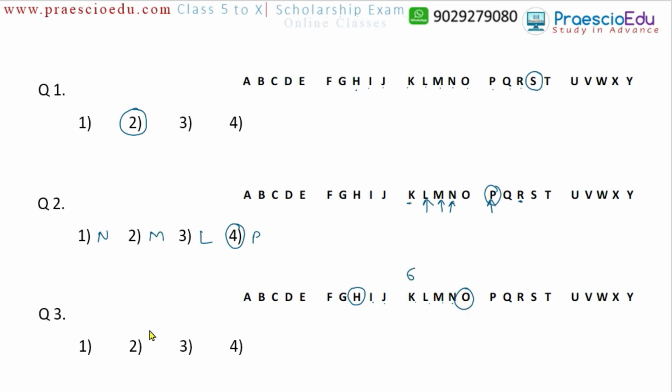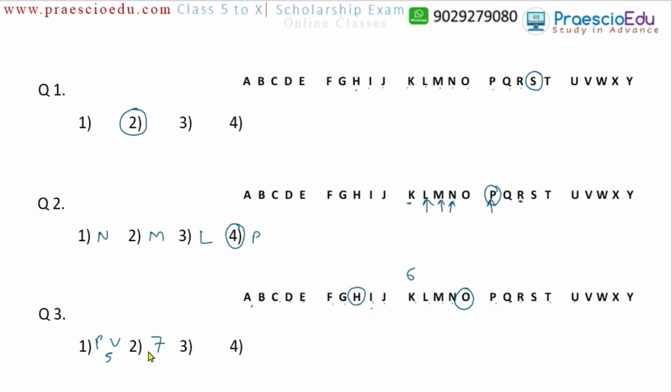Now we check the options for which has the same 6 letters between. In option 1, P and V: counting from P, 1 2 3 4 5, 5 comes. Then option 2, A and I: 1 2 3 4 5 6 7, 7 comes.